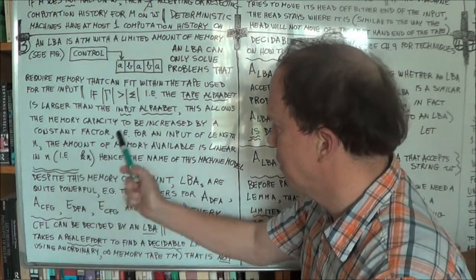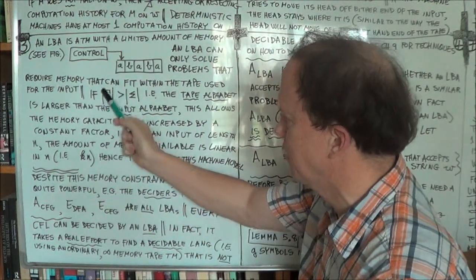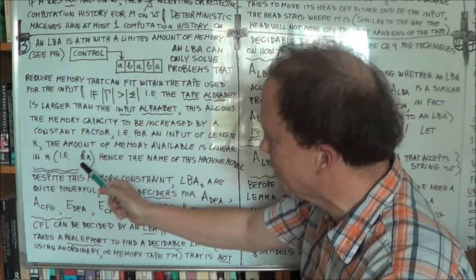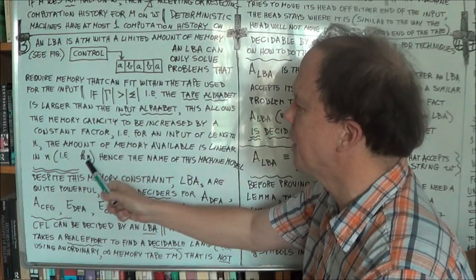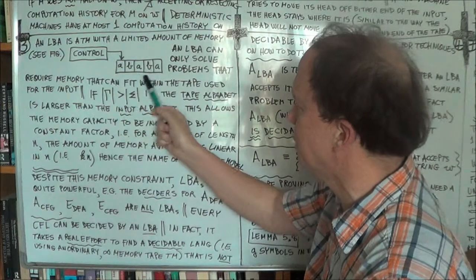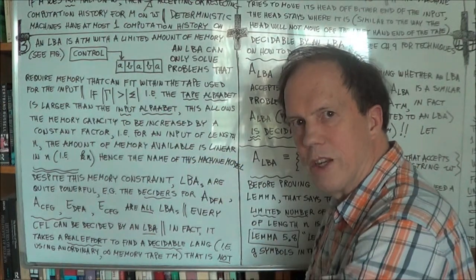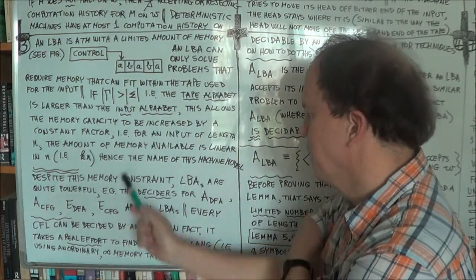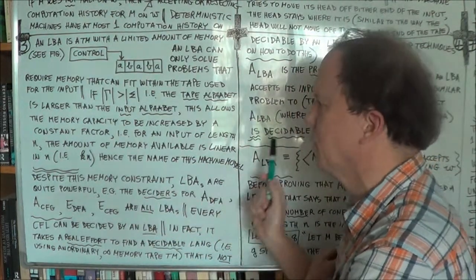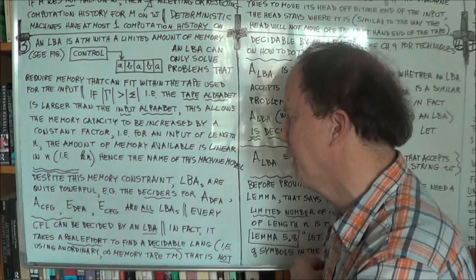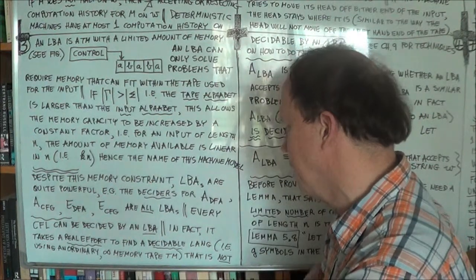So the memory capacity of doing this is some constant of proportionality times n, little n, where little n here is just the size of your initial input string. Hence the name of this machine model. That's where it comes from. That's just a detail.